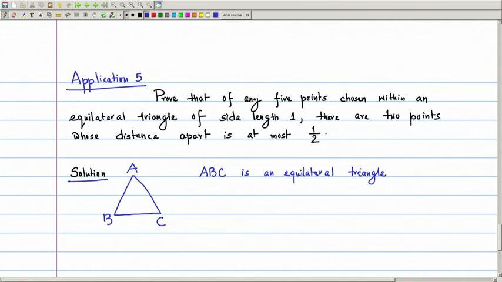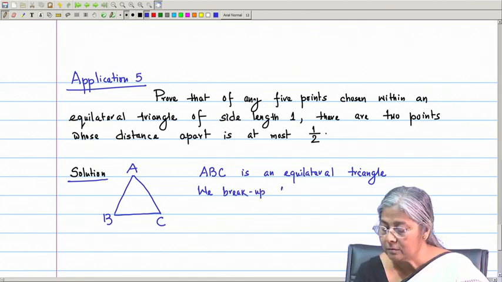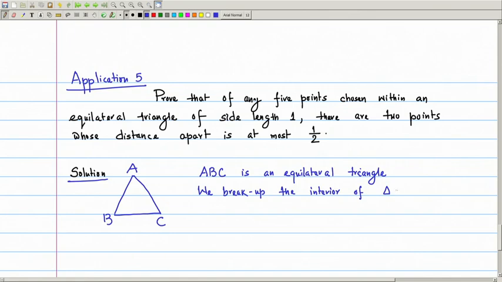Now, we break up the interior of triangle ABC into 4 regions.